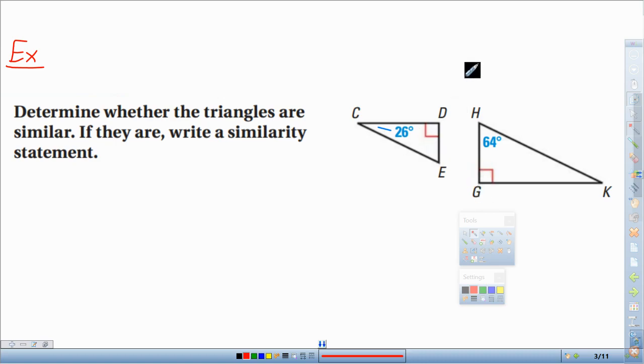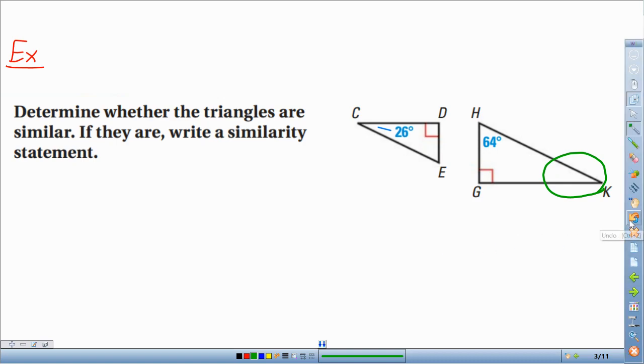The question is, do I have another pair of corresponding angles that are congruent? Well, this one is saying that this angle here is 26 degrees. So my first question is, can I figure out if this angle is 26 degrees? Well, if you guys remember, whenever we have two angles of a triangle, we can subtract those from 180 to get our missing angle.